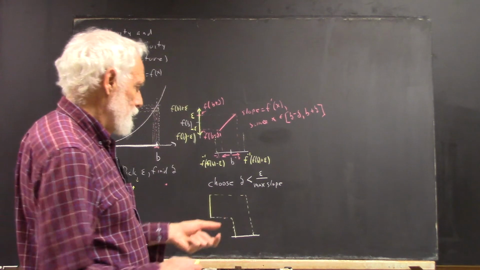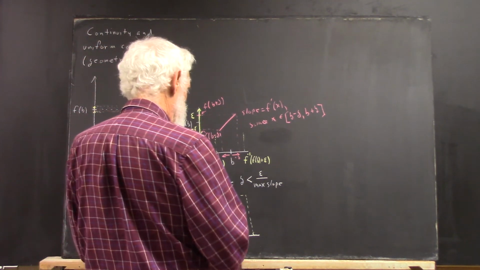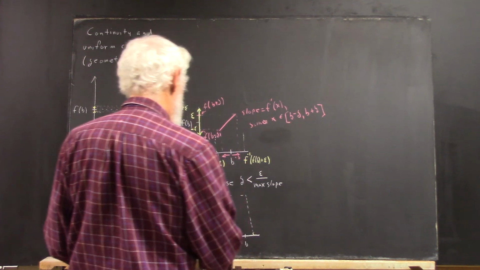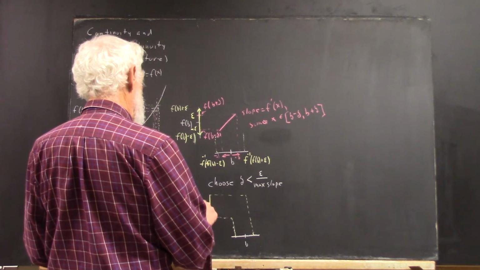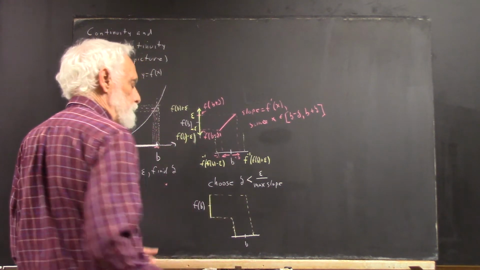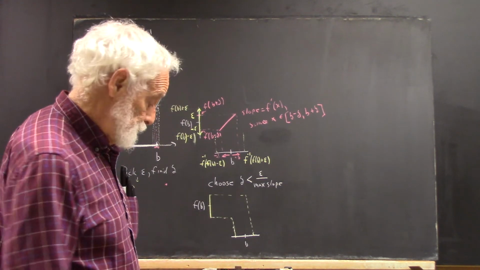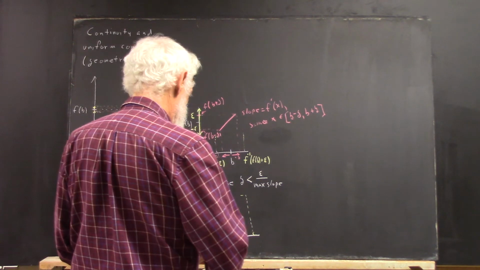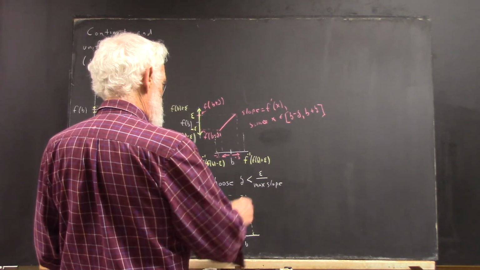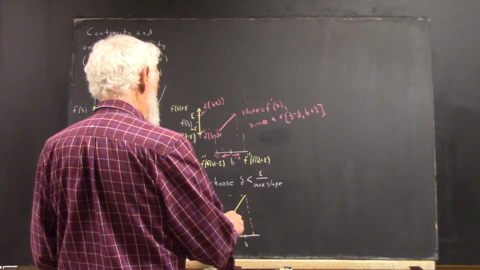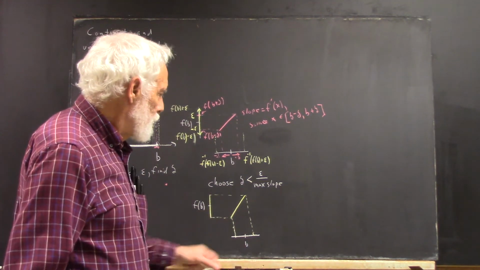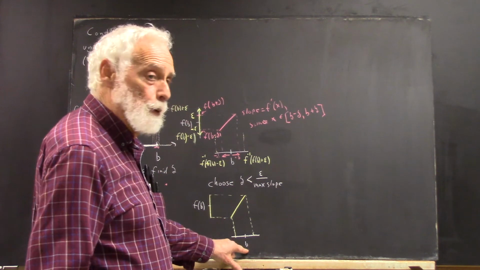Here's b, and here's f of b. Now I've got a slope here, and this slope, you can see, is pretty close to f prime of b, right?